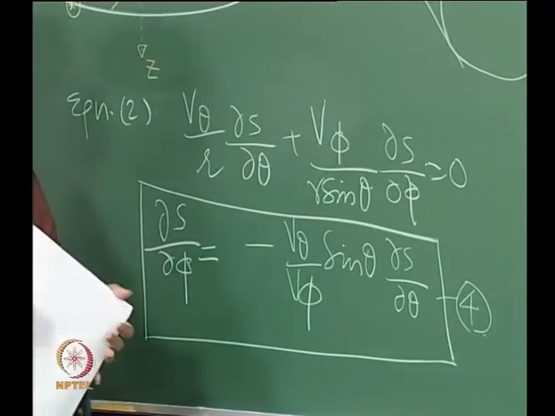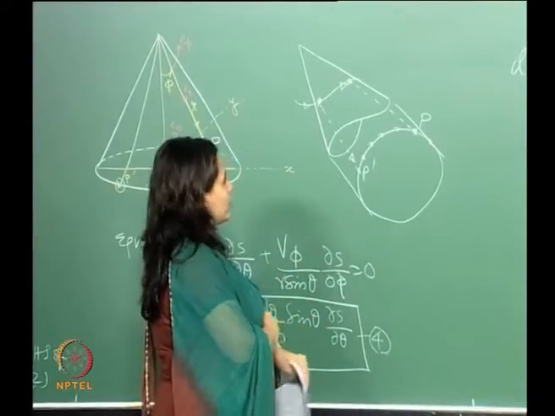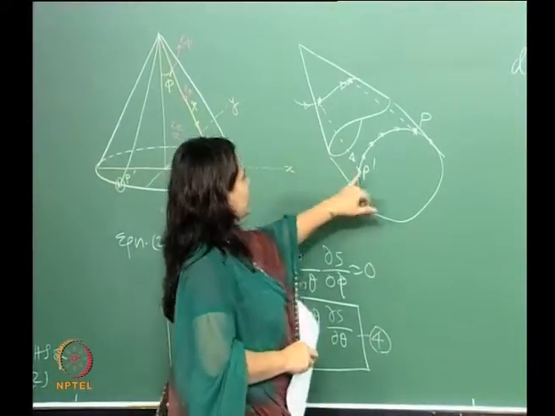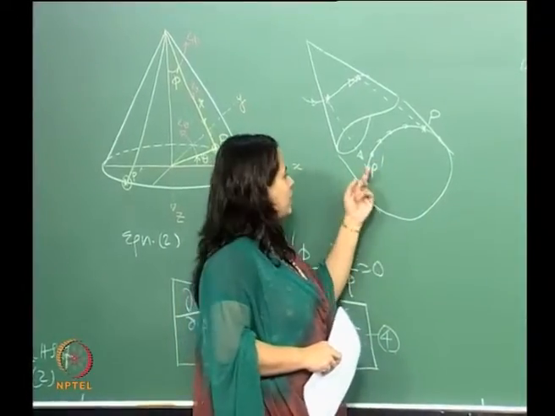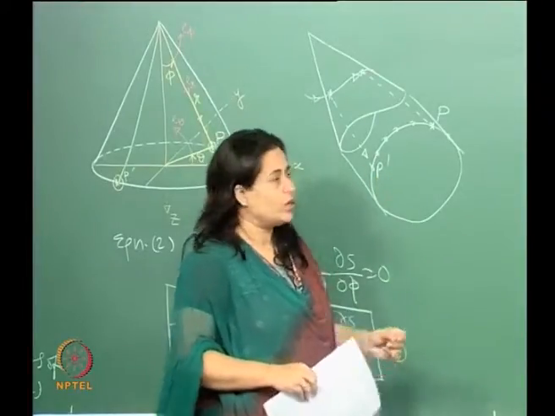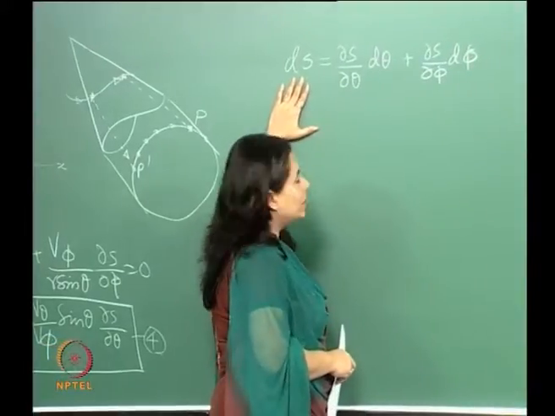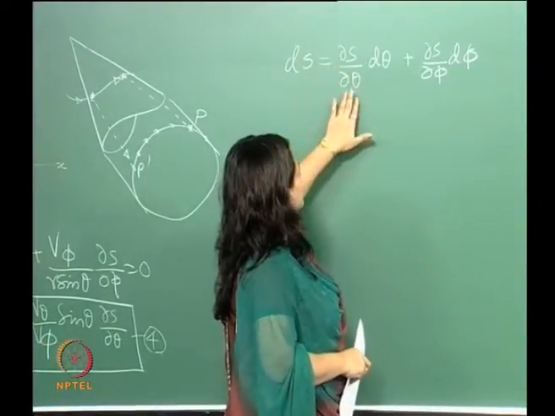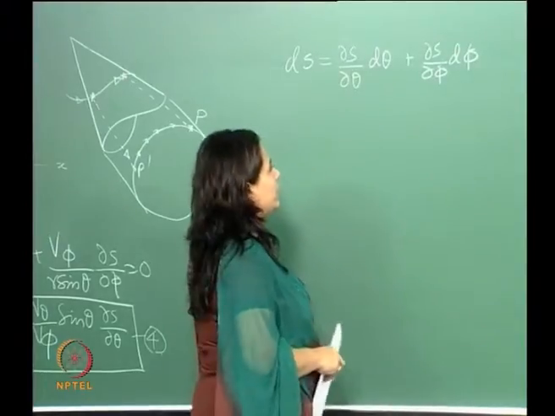Now, if I look at it another way, the entropy change when it goes from P dash to P, as a change in theta and phi, I write the total change in entropy as a change in entropy in the theta direction and a change in entropy in the phi direction.